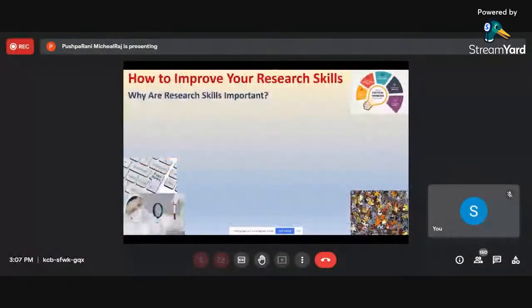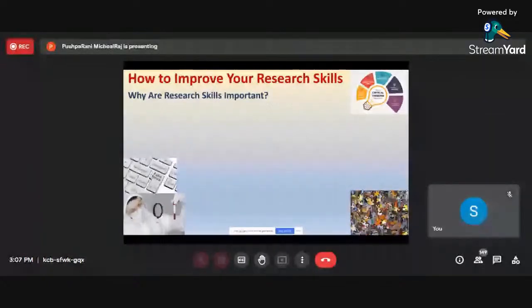So research skills are a vital part of everyone's life, I already told. In every small work, whatever we do, we need to do some research, either cooking or building a house or searching for a ticket, booking a flight ticket, train ticket, a restaurant, or choosing which course is best for your career.